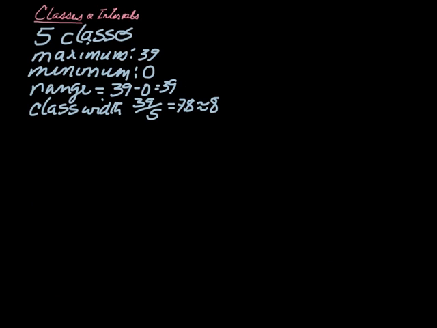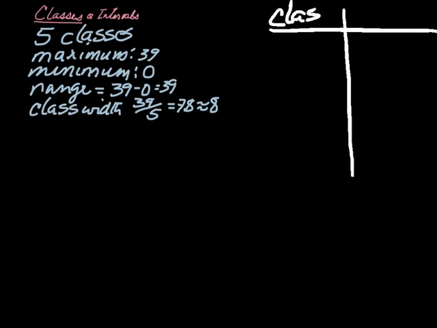Now once we get the class width, what we want to do is create a table, and that table is going to look like this. We can label it class here, and we start with the smallest number, 0, and then increase by 8 until we have 5 classes. So the next number is 8, then 16, then 24, then 32.